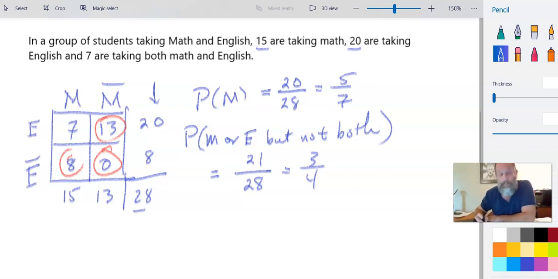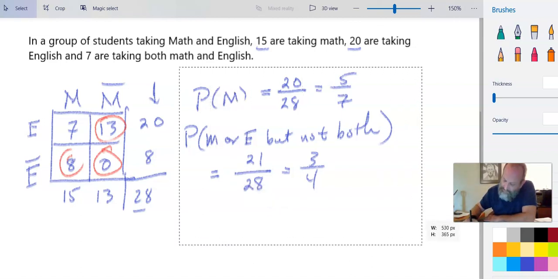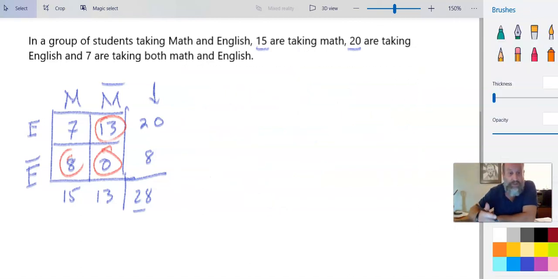Okay, now let's go ahead and take a look at something called conditional probability. We talked about it a little bit earlier, the fact that the outcome changes depending on what the first thing is. But there's a notation, and I haven't used it yet.